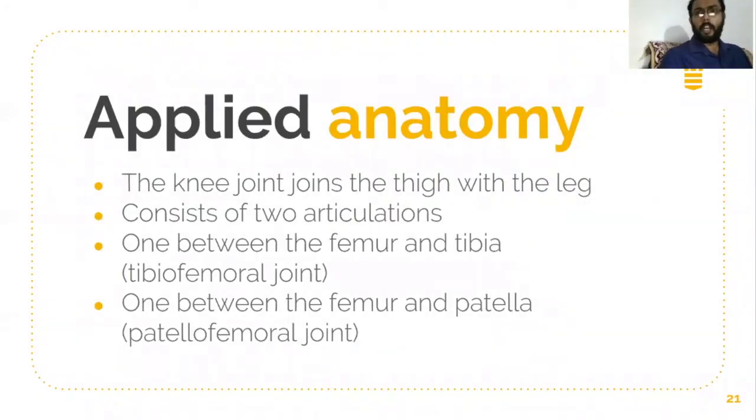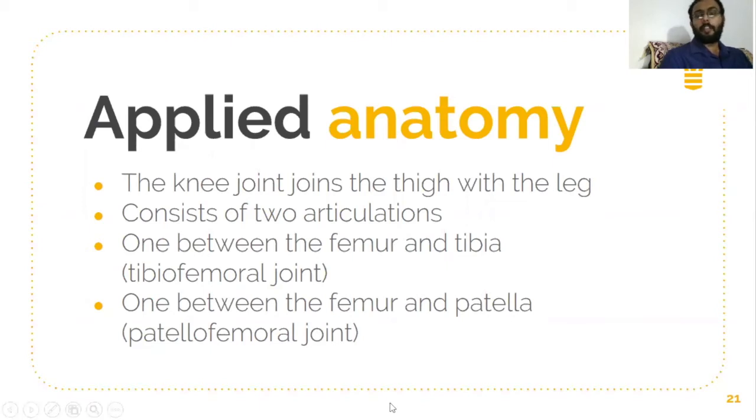Coming to the applied anatomy, the knee joint consists of mainly two articulations, one between femur and tibia, the other between femur and patella. In the tibiofemoral joint there are actually two joints, medial and lateral. The medial joint is between the medial femoral condyle and medial tibial condyle, and the lateral is between the lateral femoral condyle and lateral tibial condyle.